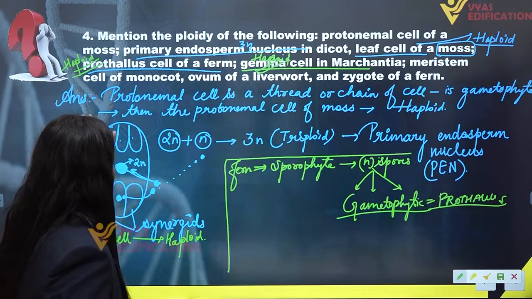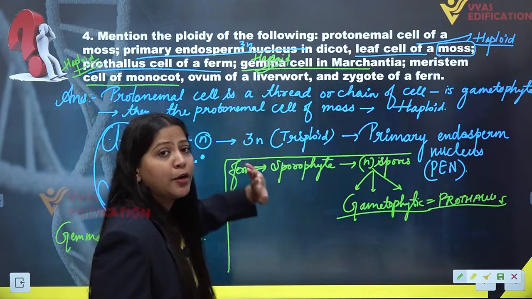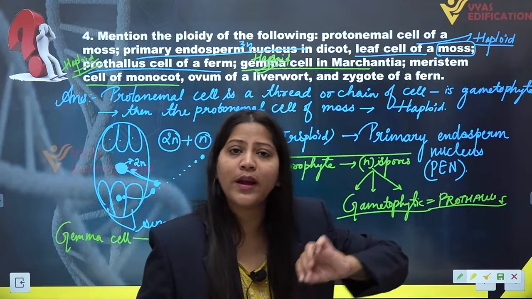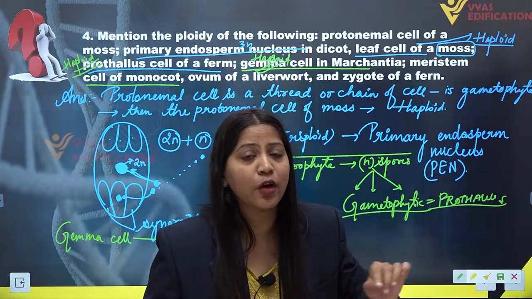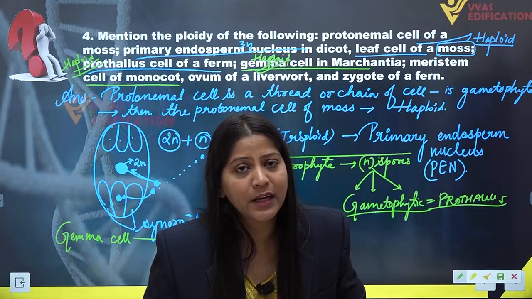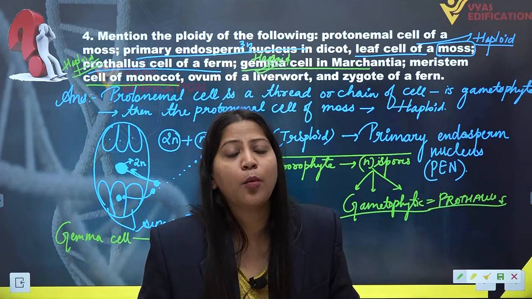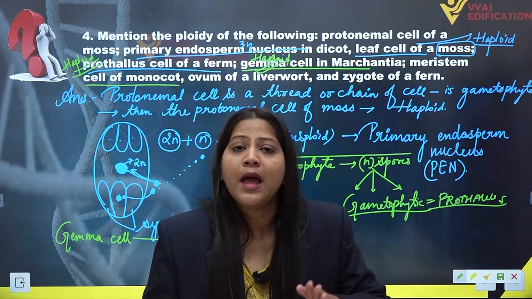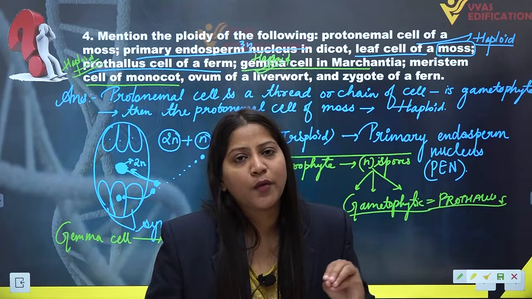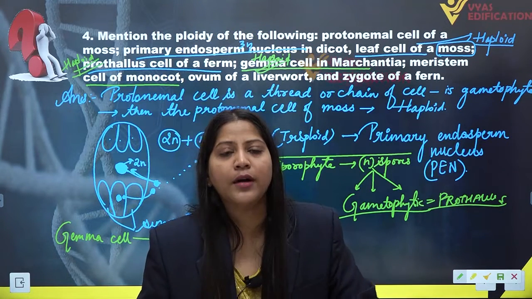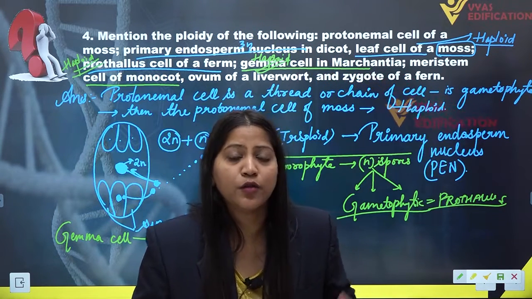So meristem cells are the totipotent cells present on the sporophytic plant body of angiosperms only. The main plant body of monocot as well as dicot plants is sporophyte, and the sporophytic plant body is diploid in nature. Each and every cell present on the sporophyte of monocot and dicot is diploid.